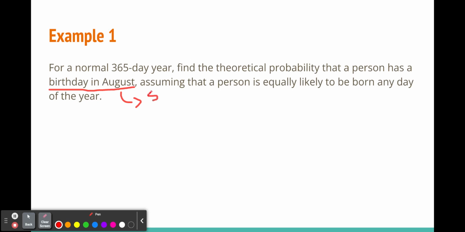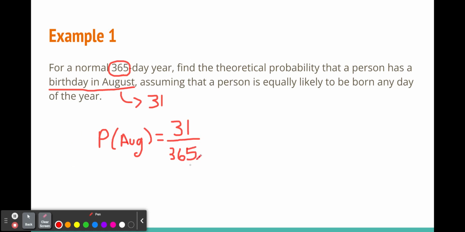There are actually 31 days in August. So the probability of being born in August: 31 represents the number in this particular event, August, and we divide that by the total number of outcomes, which is the number of days we have in a year. So we have 365. So this would be the probability that any given person is born in August.